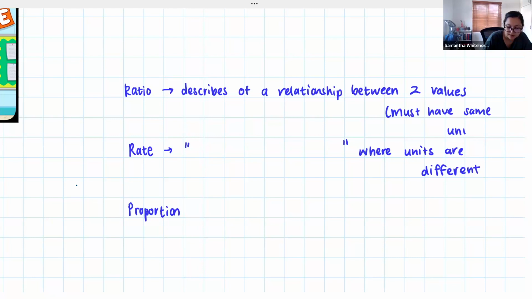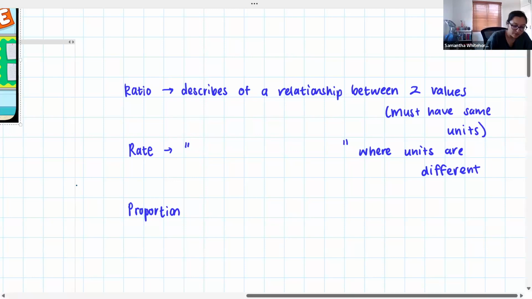So if we think back to the fruit juice example from concentrates, your units are the same. You're adding so many milliliters of concentrate with so many milliliters of water. Those are the same units. When it comes to rate, it's still the description of a relationship between two values, but the units can be different. Now, probably the most used example of rate is speed.